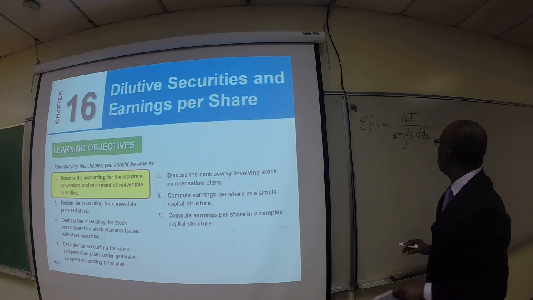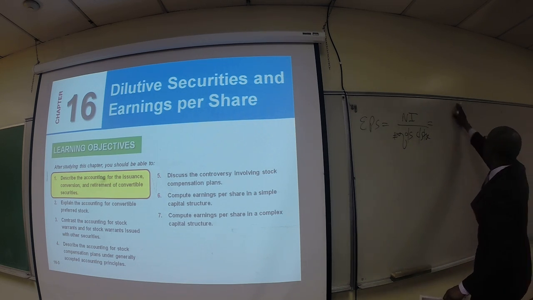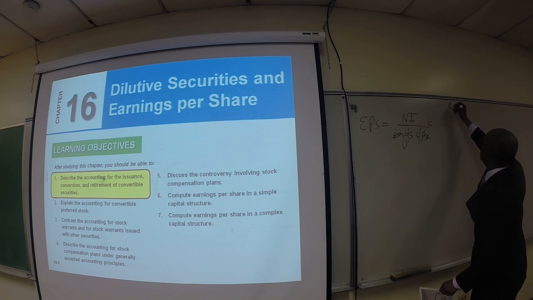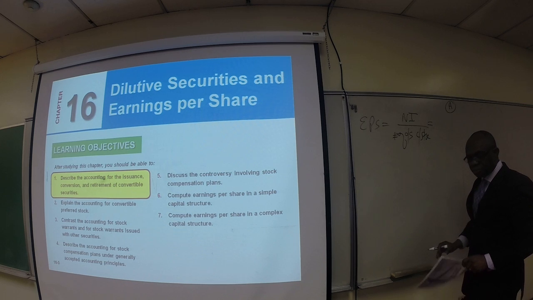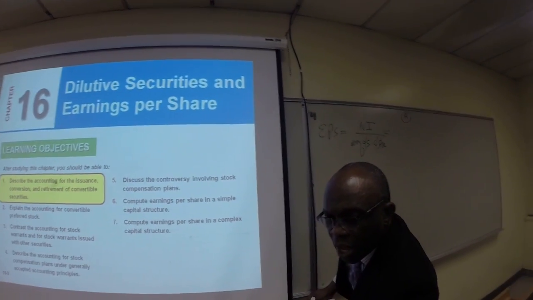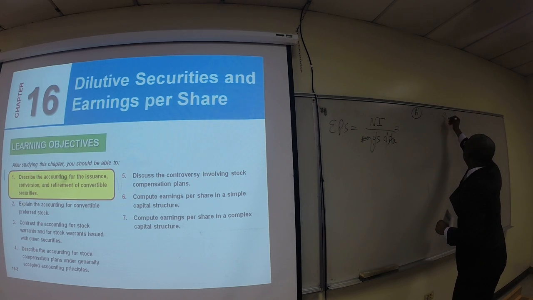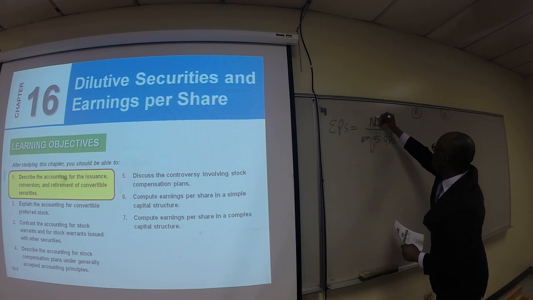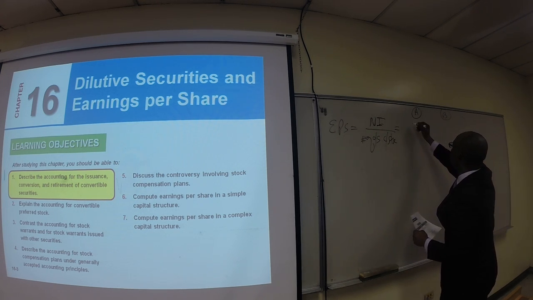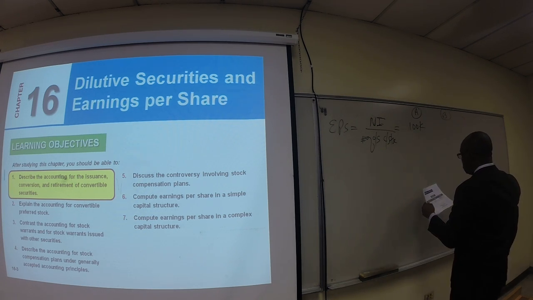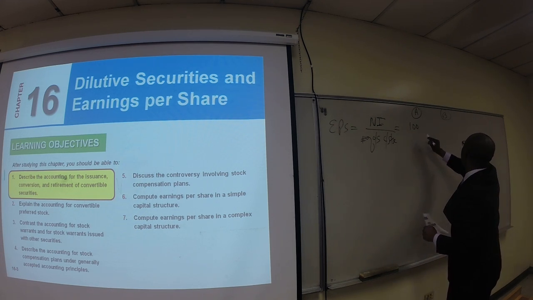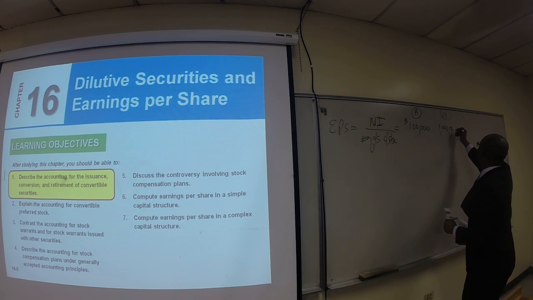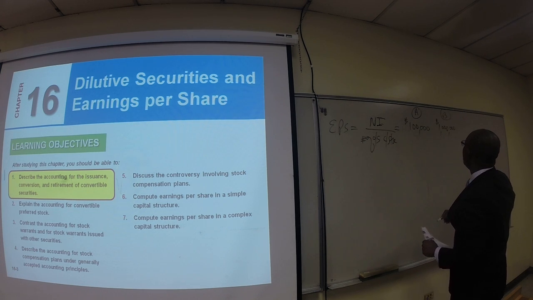Let's take a look at two different companies in the same industry, company A and company B. Let's assume the net income of company A is $100,000, and the net income of company B is $1 million.